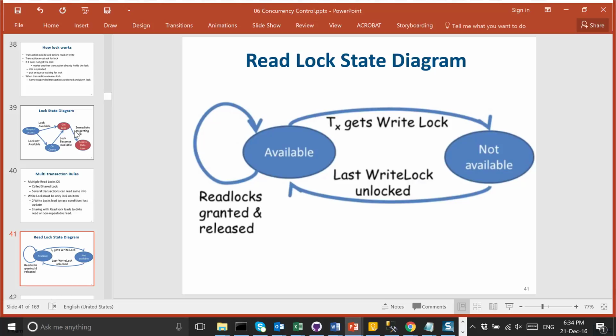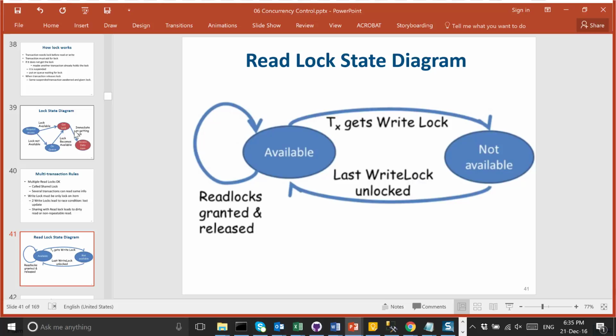Okay, so here is the read lock state diagram. If somebody is asking for a read lock and the lock is available, they will be granted that read lock. As long as there is no exclusive lock, they will be granted the read lock.